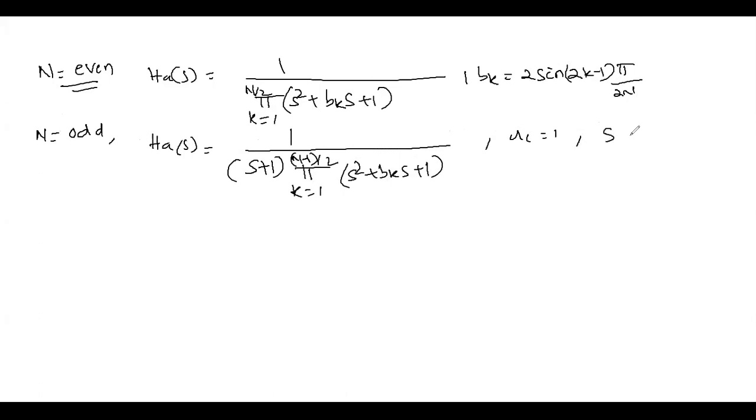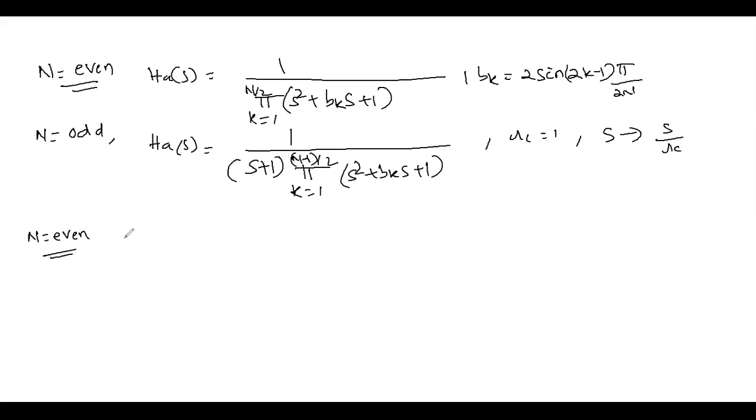So what to do? Replace s by s divided by omega c. So what is the transfer function? When n is even, now replace s by s by omega c.